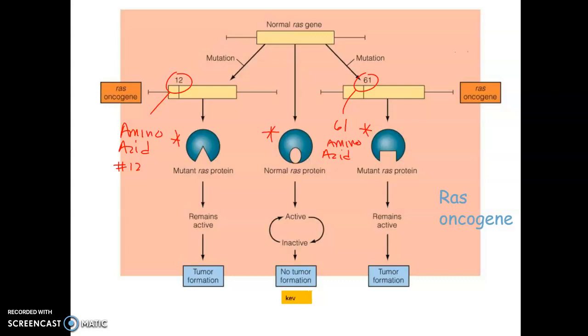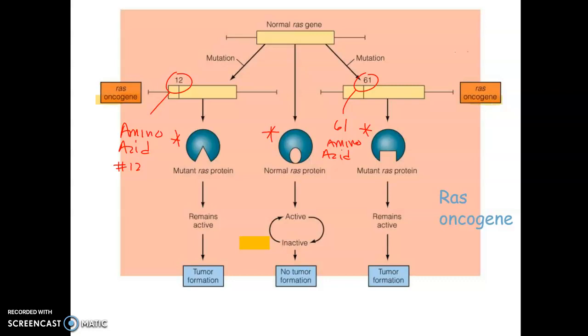So what we're saying is that the area is going to allow for the cell to turn on and the cell to turn off. Now, over here, when we have these two particular mutations, the one in the middle is a proto-onco, but the ones on the sides are now oncogenes. And that's an onco, and this is onco.